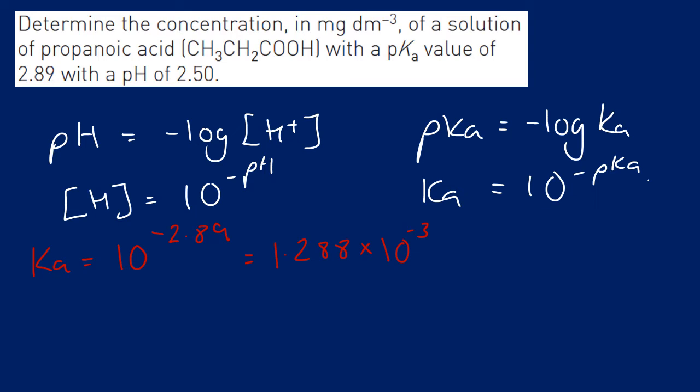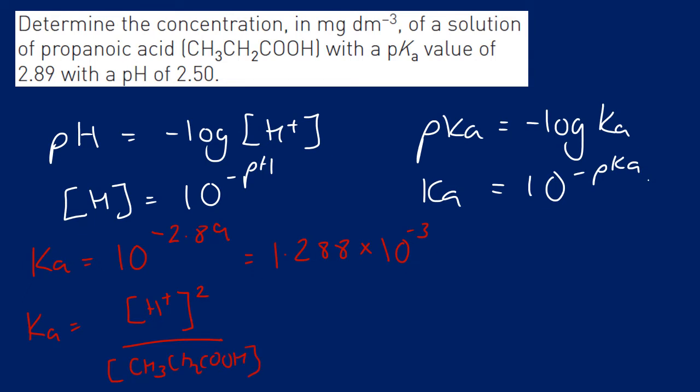So let me come up with an expression for Ka. Ka is going to be H plus, and in this case I can use H plus squared, over the concentration of CH3CH2COOH, which is what I'm trying to find.